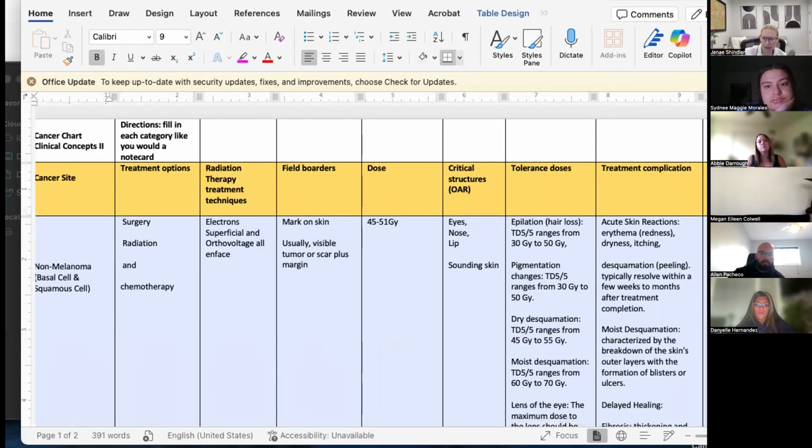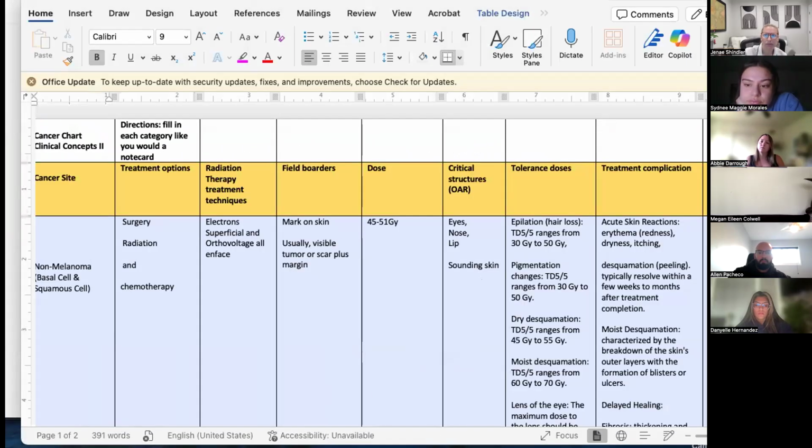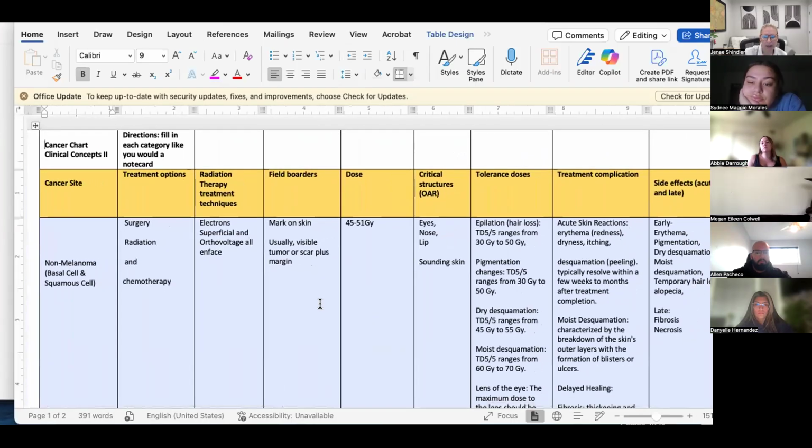But this is an example of what somebody did last year. So you can use Excel, you can use a Word document, you can use a Google Doc. I don't care. Whatever you work best in, it could be a PDF, it could even be a PowerPoint, whatever you want. I just want the different sites.